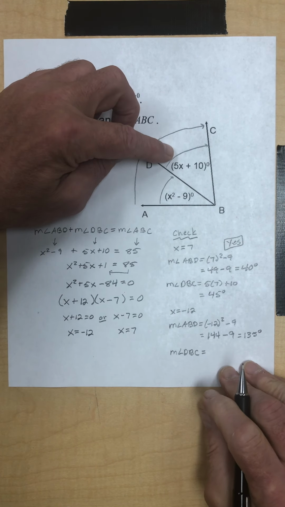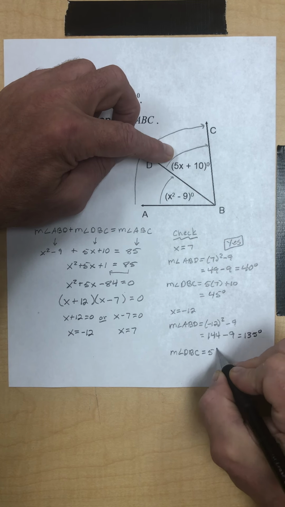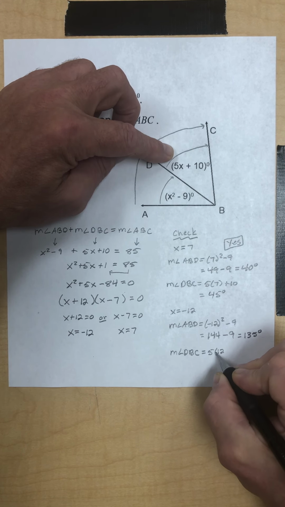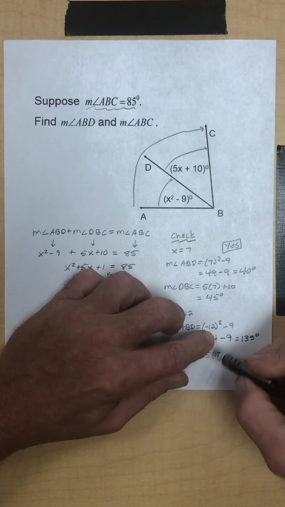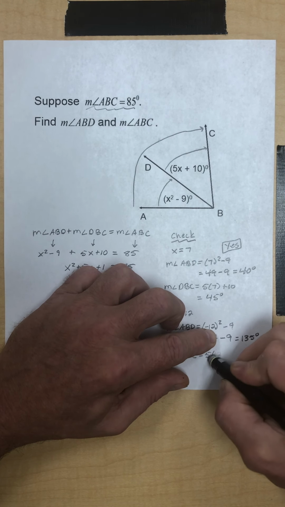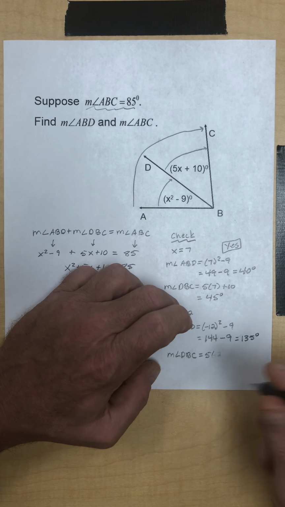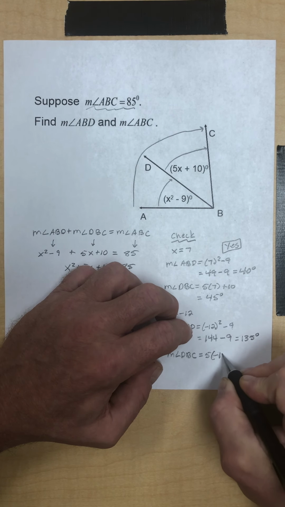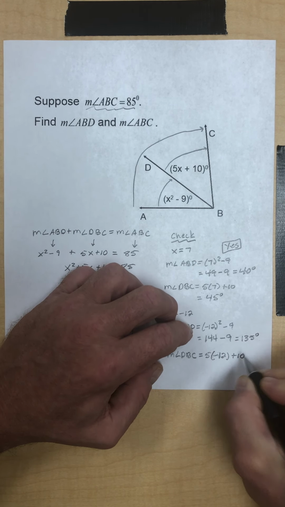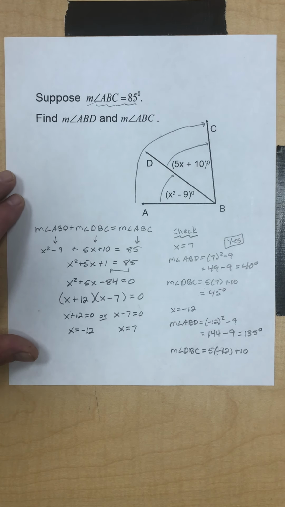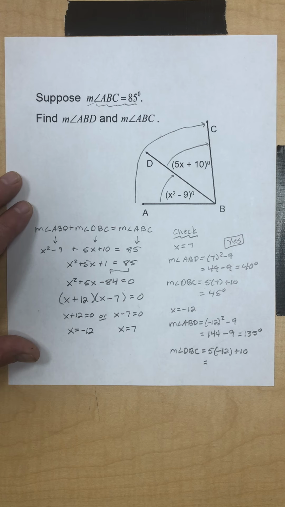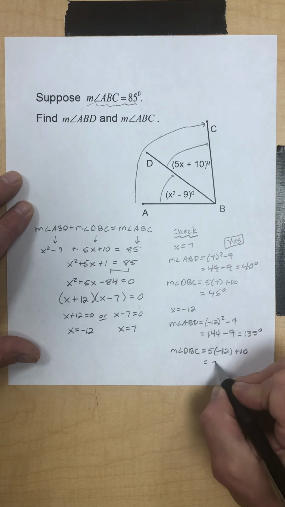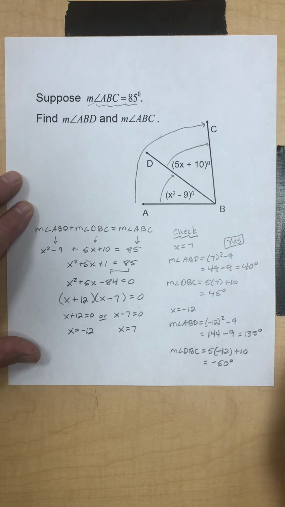And notice that's 5x plus 10, so I'd have to go 5 times -12, not +12. Plus 10. Okay, so let's see. 5 times -12 would give me a -60, plus 10 gives me -50 degrees.